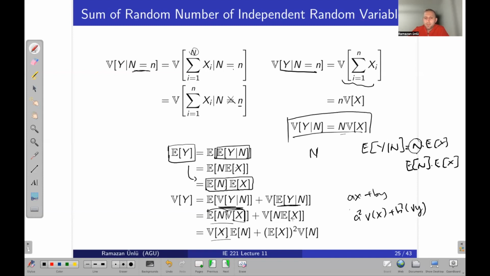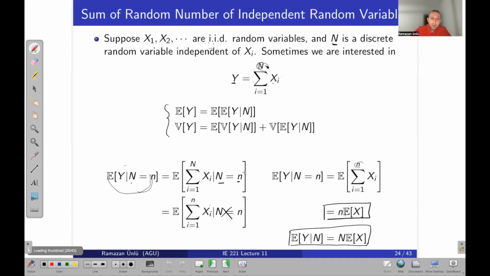Because that is a multiplication, that is the coefficient, and you can consider the expected value of X as a. That's why I take the square of it, and rewrite that as the expected value of X squared times the variance of N. So that is the second thing we just figured out: the variance of Y is equal to the variance of X times the expected value of N plus the expected value of X squared times the variance of N.